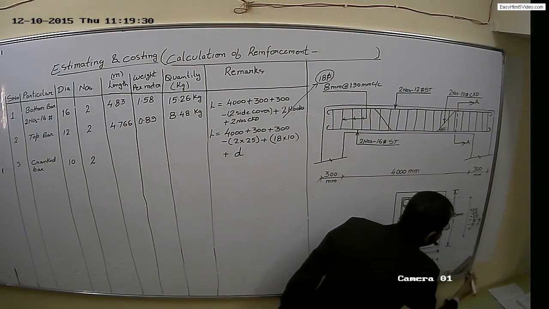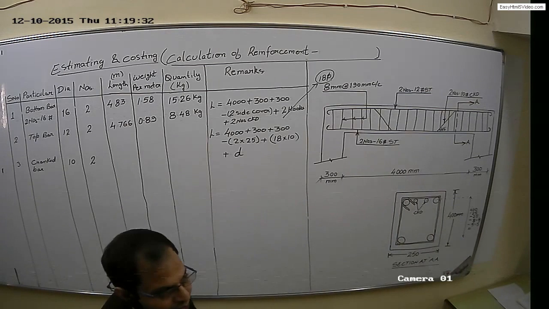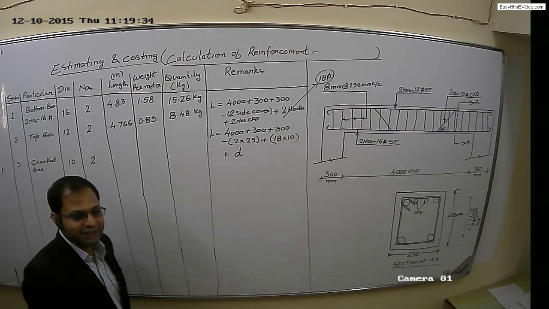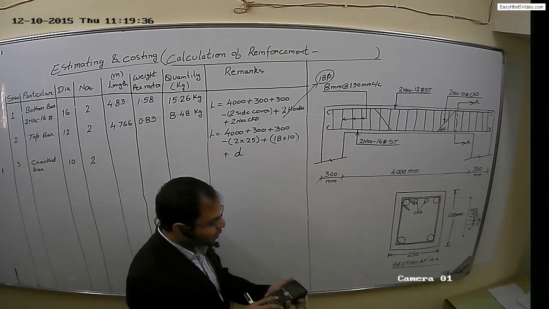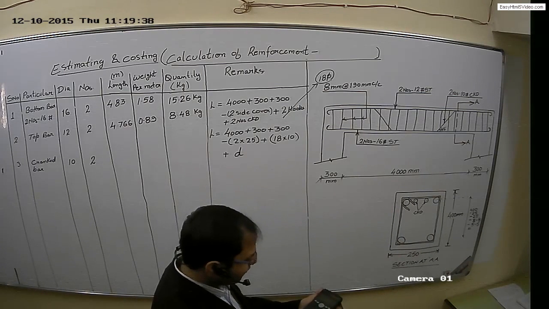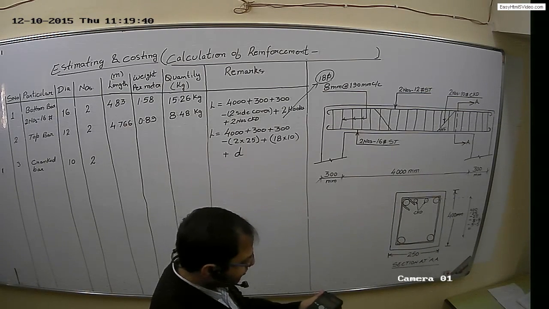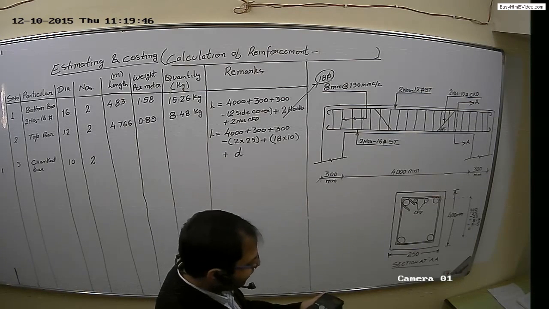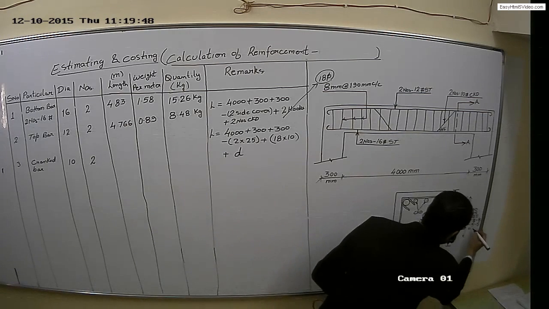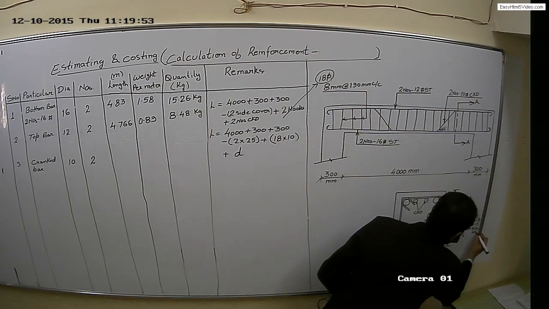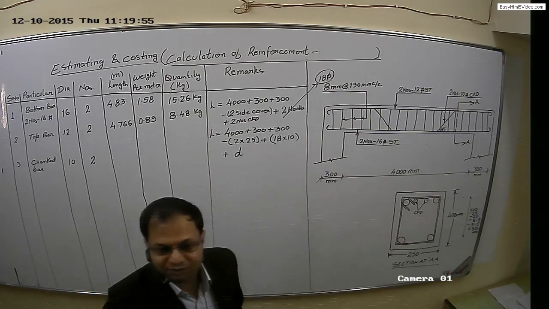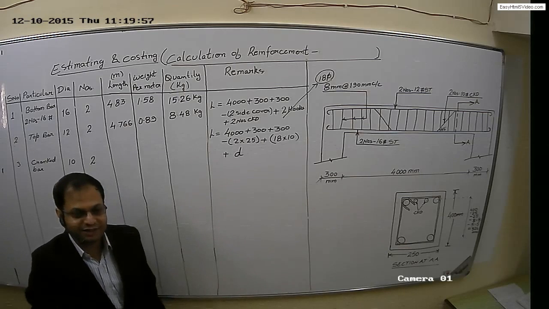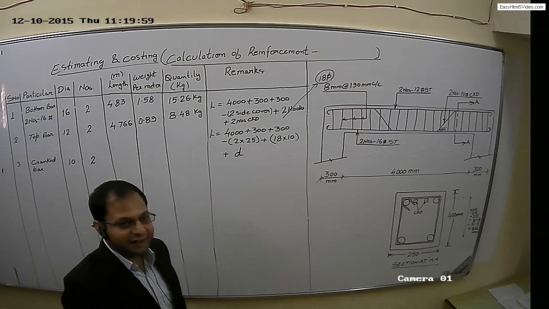You will get the depth which has to be added in the length for the cranked portion. So 400 minus 25 minus 25 minus 8 minus 8 minus 5 minus 5. You will get 324 mm. So this 324 mm shall be added in the length for crank.